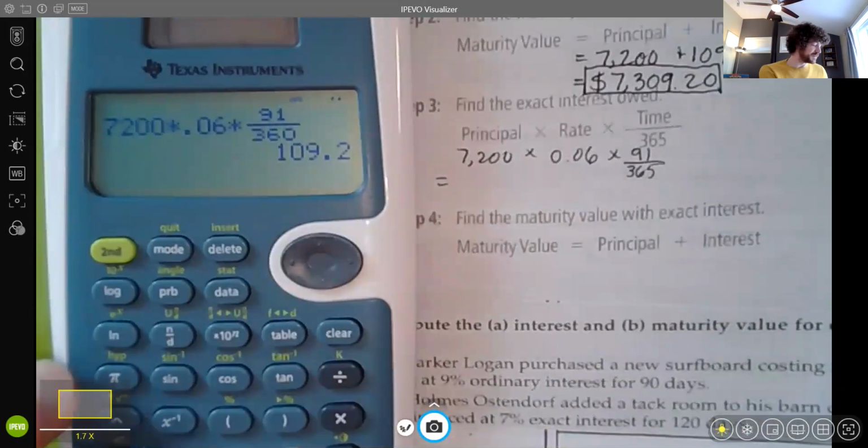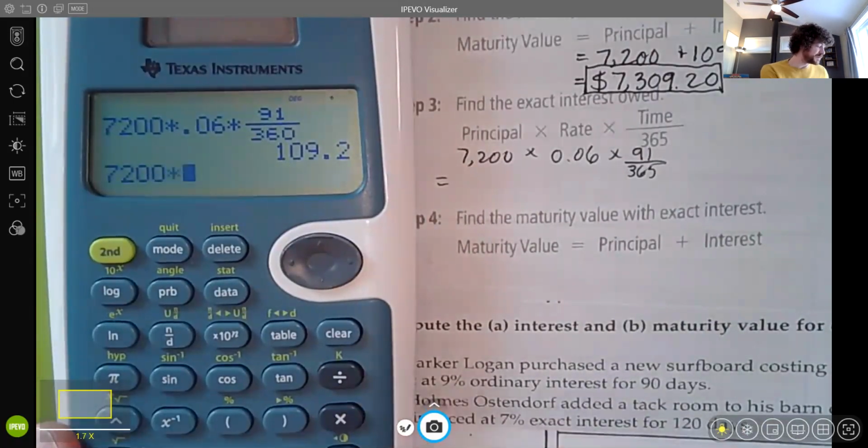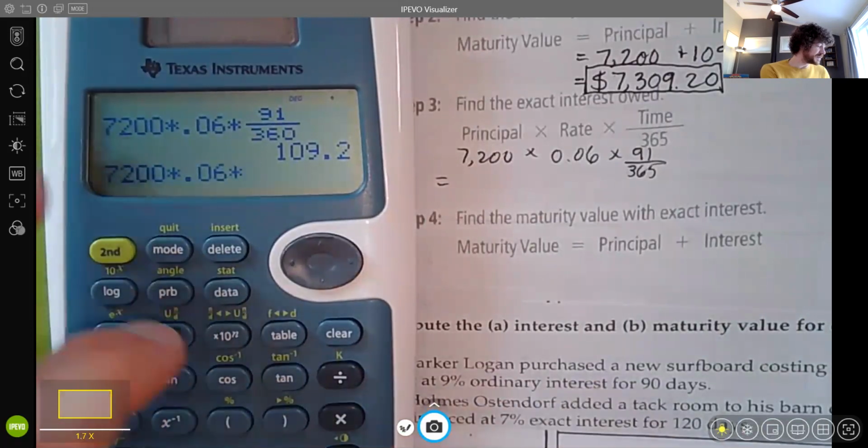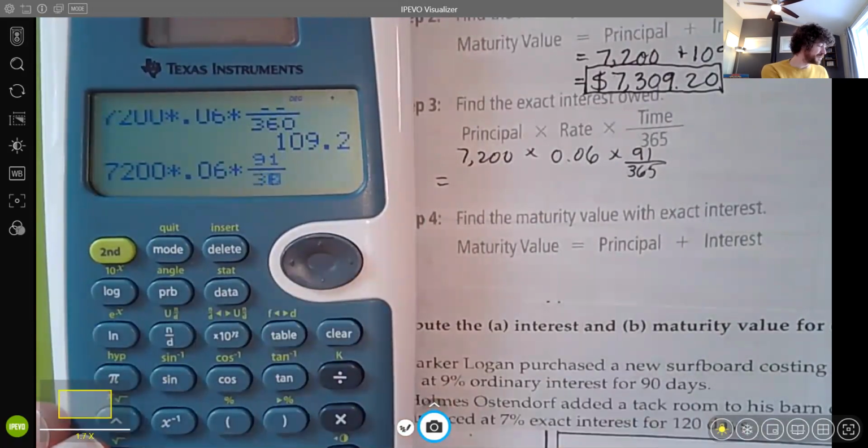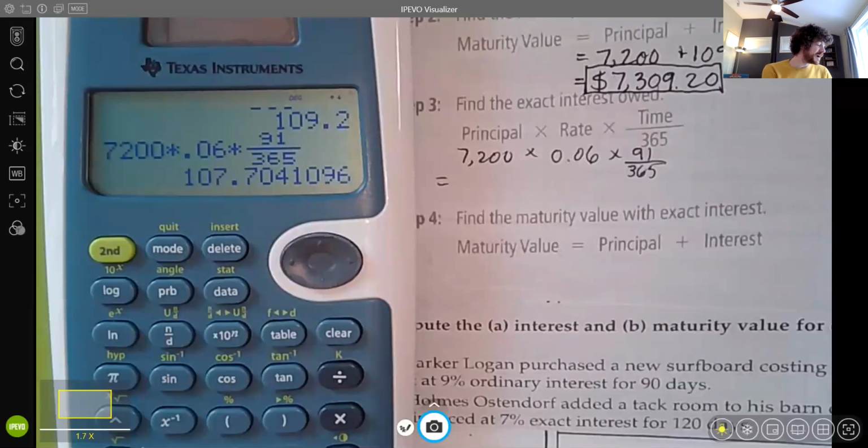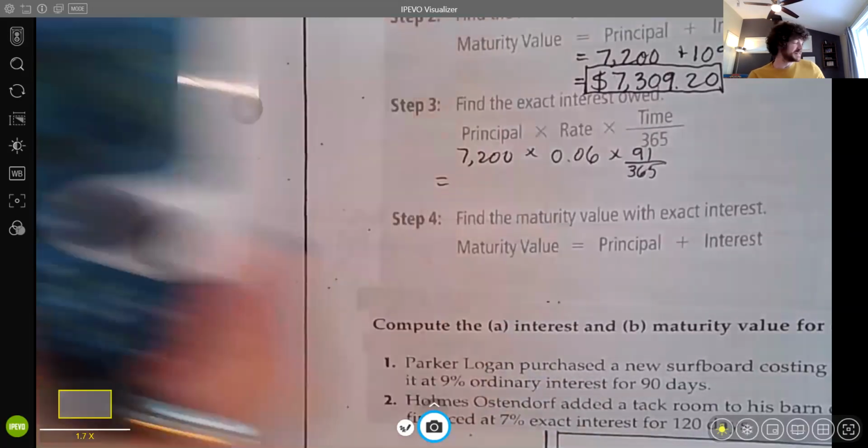And so it's going to look really similar to what we just did. I'm going to have 7,200 times 0.06 times 91, this time over 365. And it's $107.70. So 107.70 for this one.